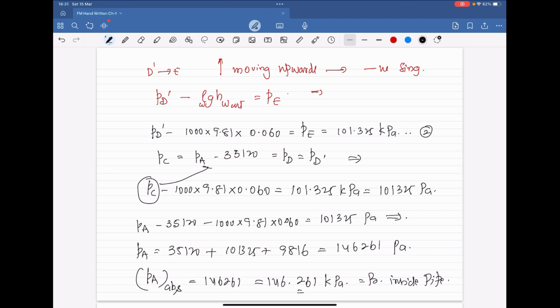When you move downward, you add the pressure of the fluid column. When you move upwards, you subtract the value of the pressure column. Start from where pressure has to be found out, go to the point without leaving the path till you reach the final point where pressure is known.